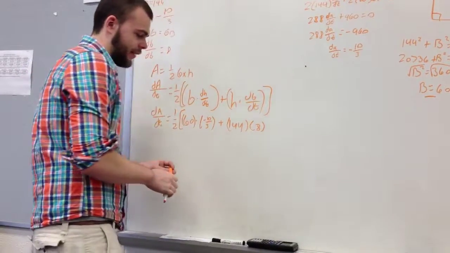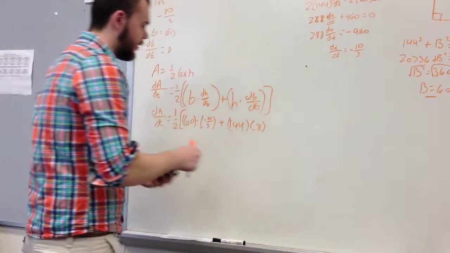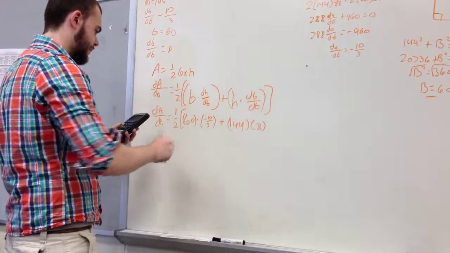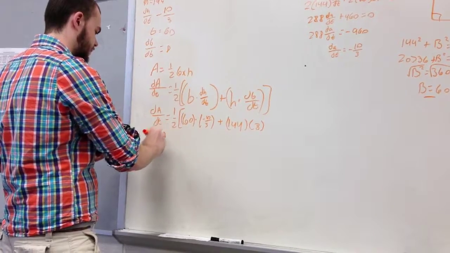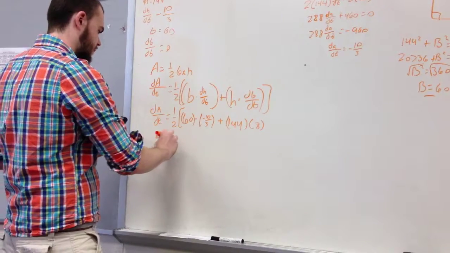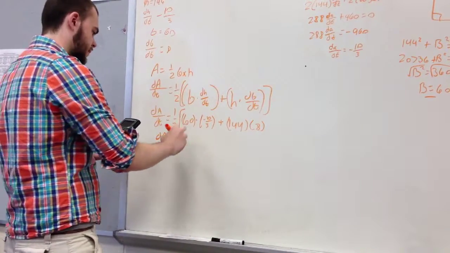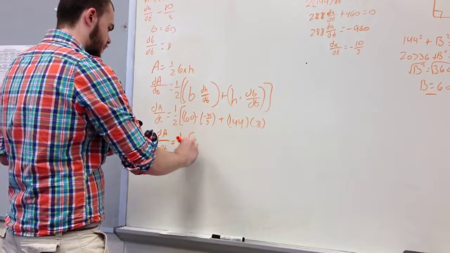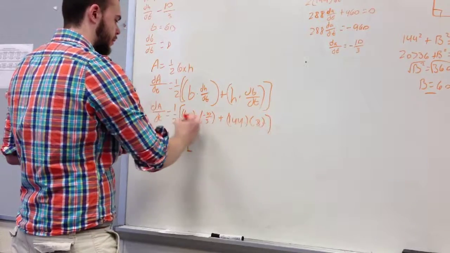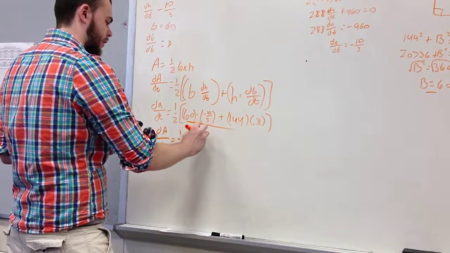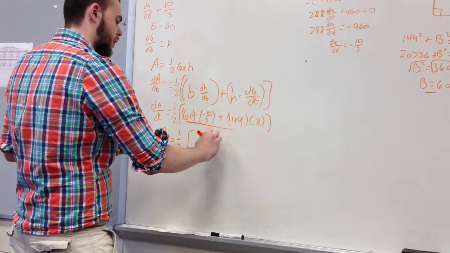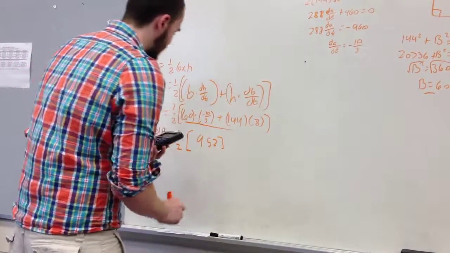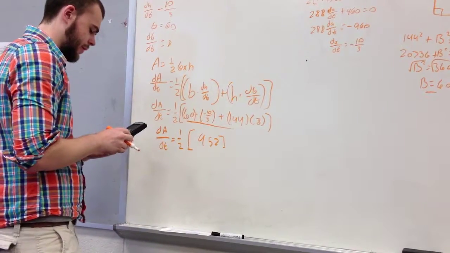Now, our handy dandy little calculator will help us get to where we need to be. All of this right here comes out to be 952. Now we multiply 952 by 1/2.